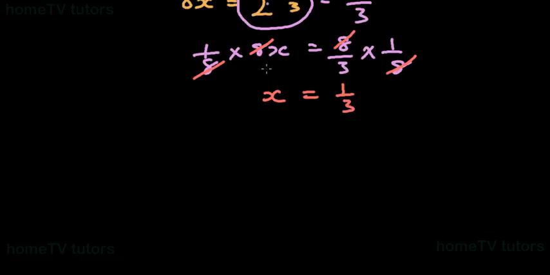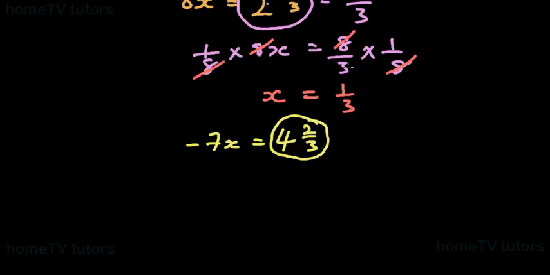Then another example that we're going to look at is minus 7x equals 4 whole number 2 over 3. As we did in the previous question, we have to convert the mixed fraction to an improper fraction, and that is 3 times 4 is 12, plus 2, that is 14 over 3.